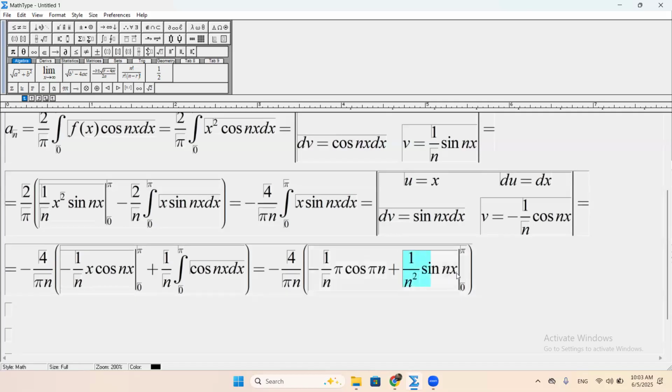Of course, this part will be equal to 0. Okay, so let's multiply everything, and 4 here.